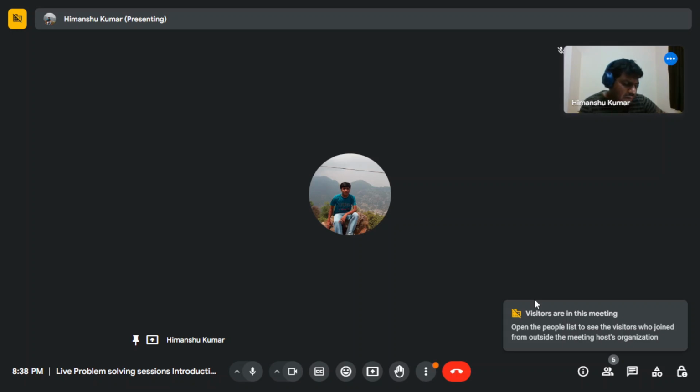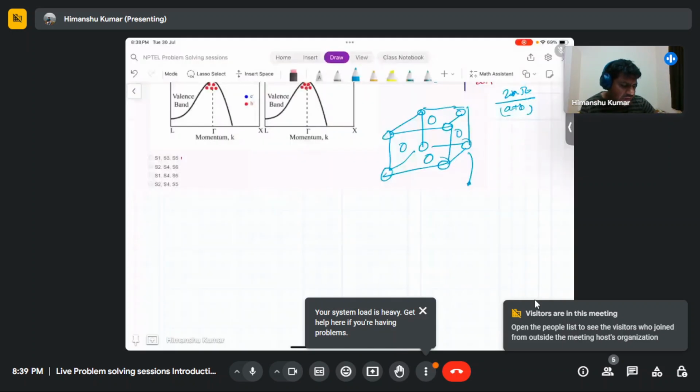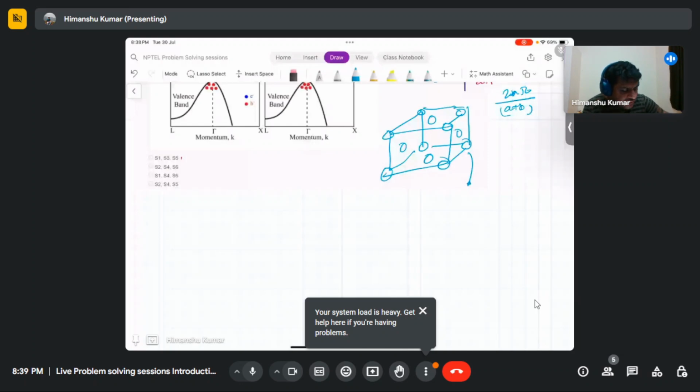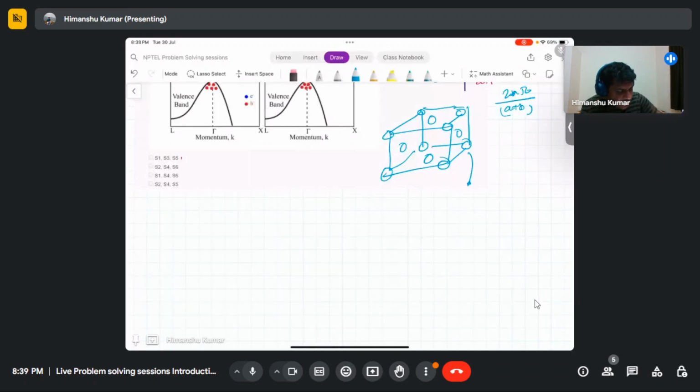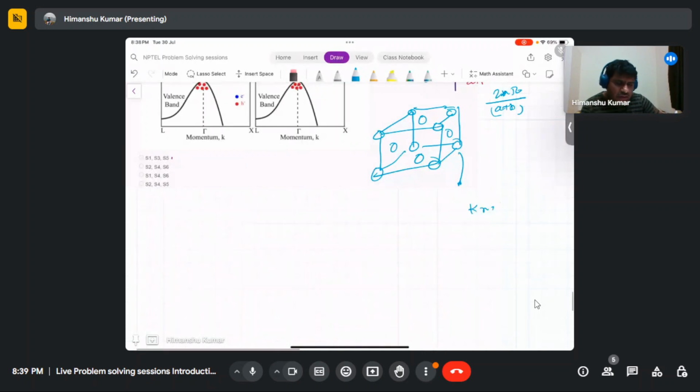Yeah. So then this will have a different symmetry direction in kx, ky, kz. In momentum space in the kx, ky, kz directions, it will look different.